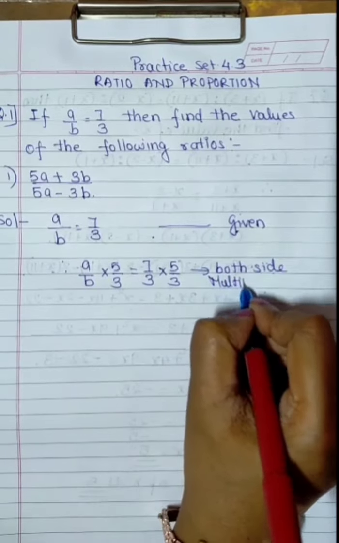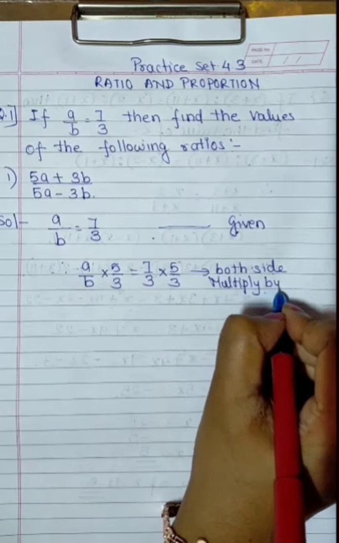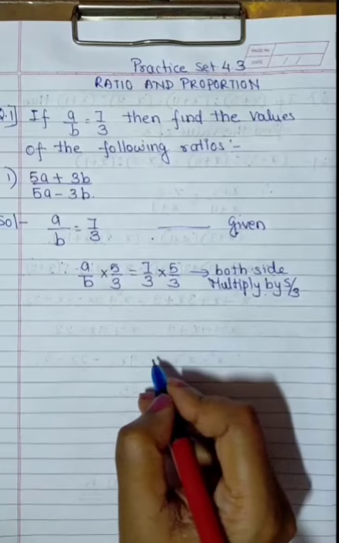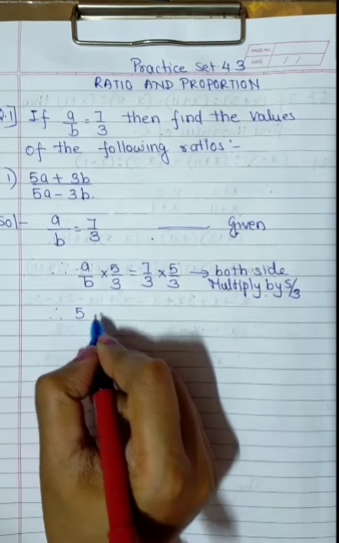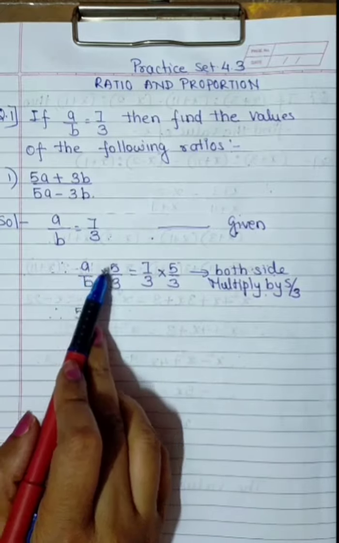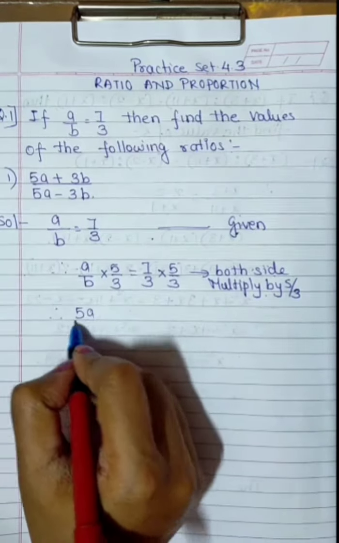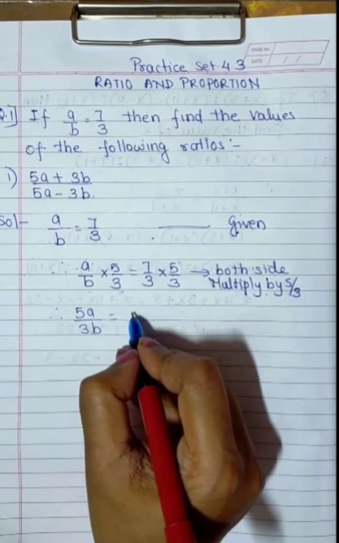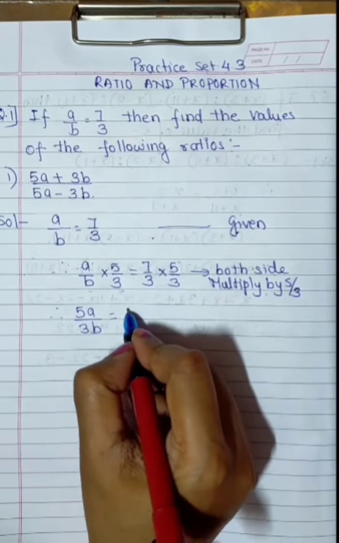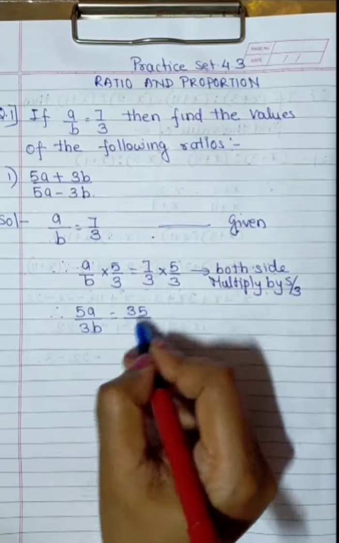When we multiply this, we'll get 5A upon 3B equal to 7 fives are 35, 3 threes are 9.